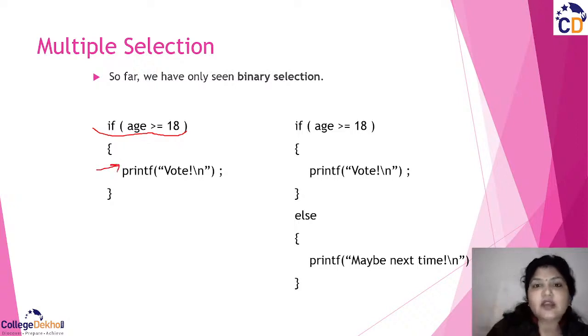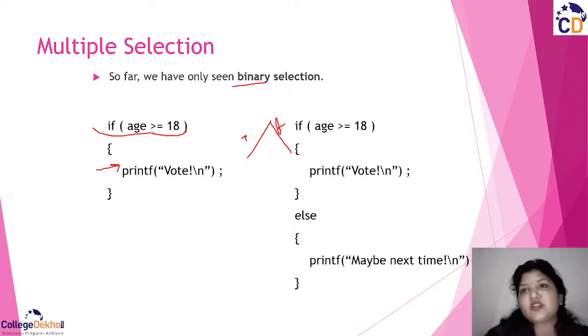But if you have a binary selection, meaning this or that, true or false, when you have to make the decision, in that case we will have multiple conditions, multiple selections in the program.